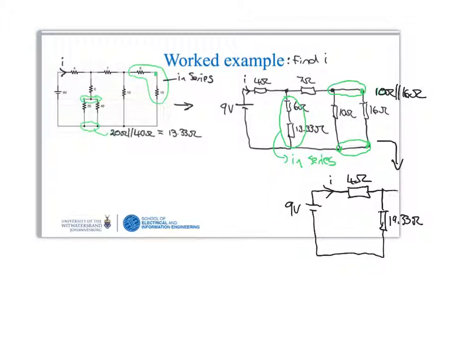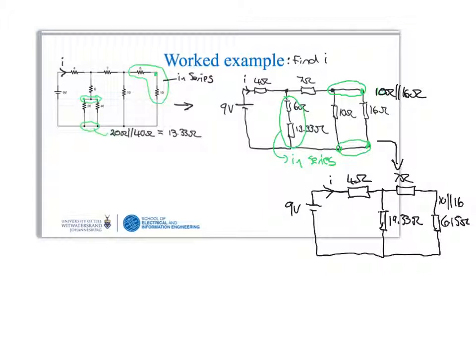We've got the 7 ohm resistor, and then 10 ohms in parallel with 16 ohms gives us 6.15 ohms. That's the 10 in parallel with 16.